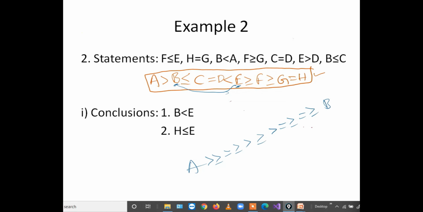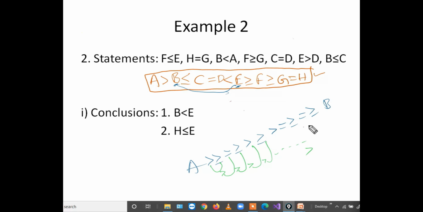Yeah, many of you told directly the right answer. Greater than. Sir, how? If you want, you can verify. Greater than with greater than or equal to? Only greater than. That greater than with equal to? Only greater than. Greater than with greater than, greater than. So finally also we'll get only greater than. A to B it is greater than.